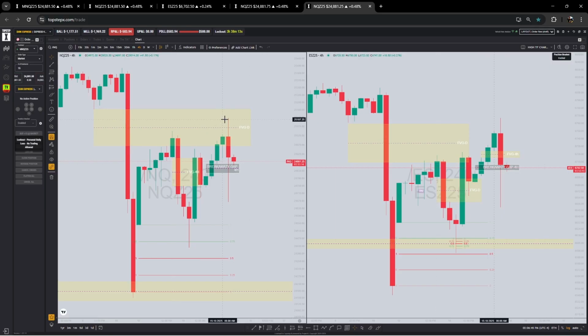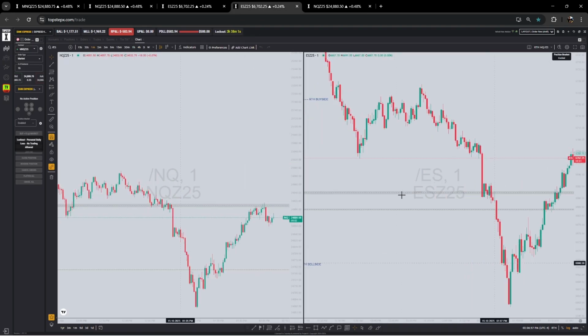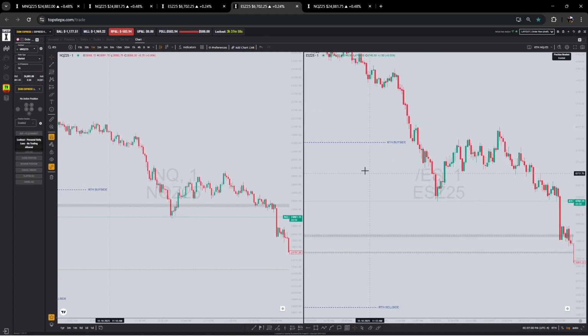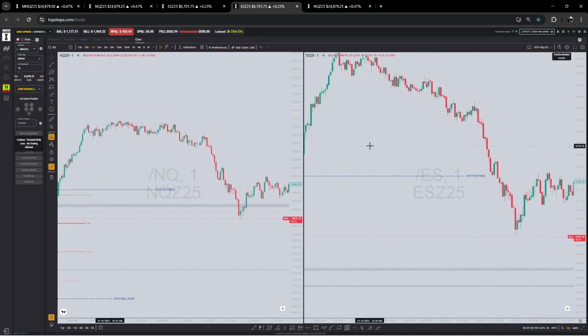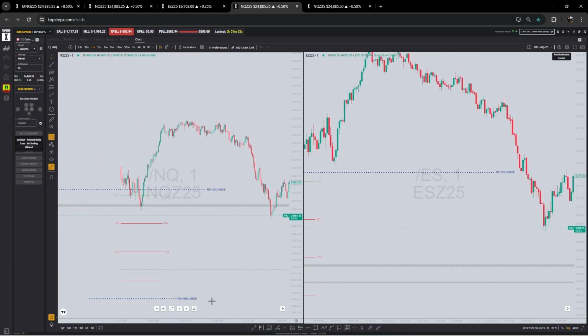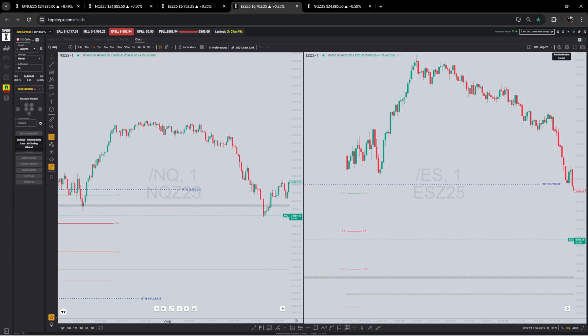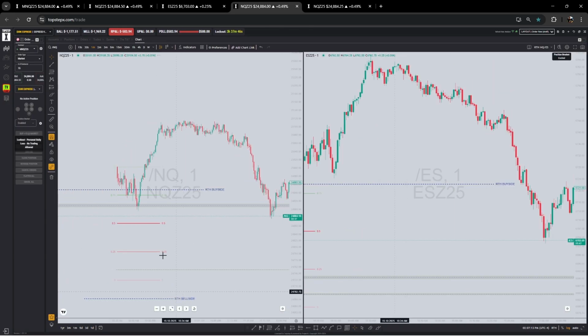So at least I wanted to see price manipulated back down into this fair value gap, then push higher. But at least we were bearish before going bullish. I was bullish, but I wanted to see manipulation before the distribution of higher prices.